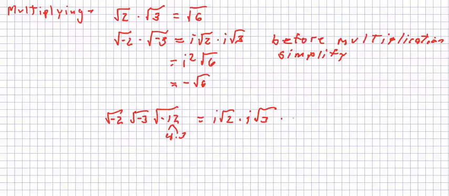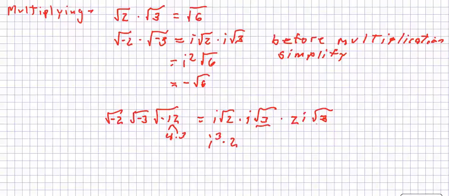So we have 2i square root of 3. Now we multiply, and we have i cubed times 2.